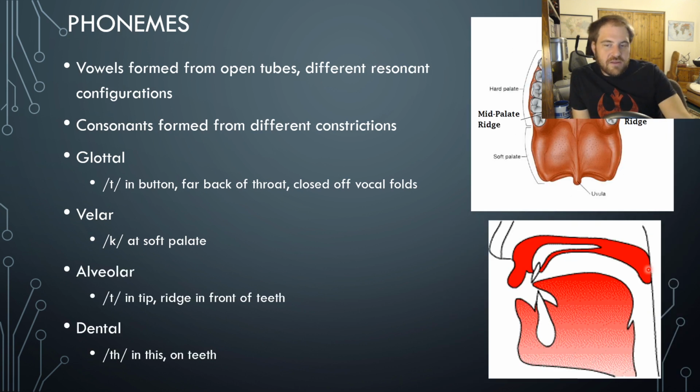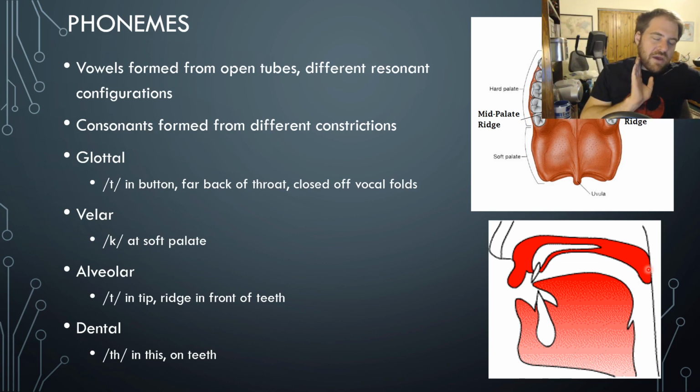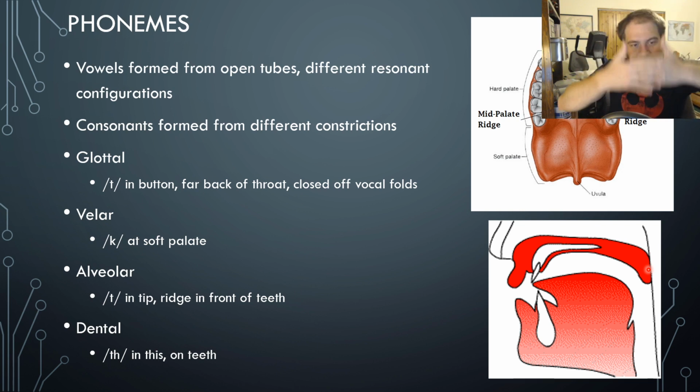You've got also alveolar, which is your typical T. The alveolar ridge is the ridge that's right, I say in front of the teeth, but I'm actually feeling like maybe I should have said behind, because I guess I was thinking about the way that air comes up, its pattern of movement, then it's in front of the teeth. But if we're talking about from out here in a face going back, then it's behind.